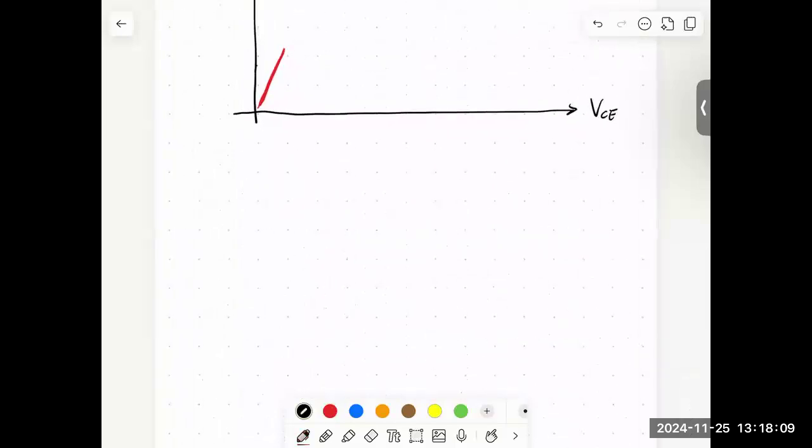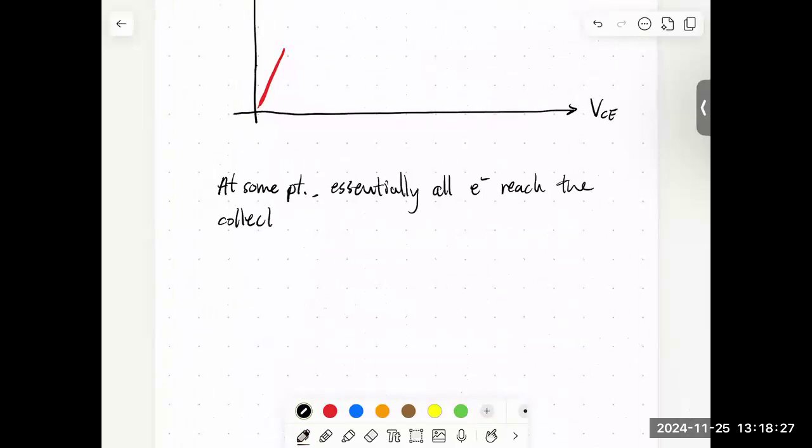Okay, so at some point, essentially all electrons reach the collector, and increasing the collector emitter voltage no longer changes the collector current in a substantial way.